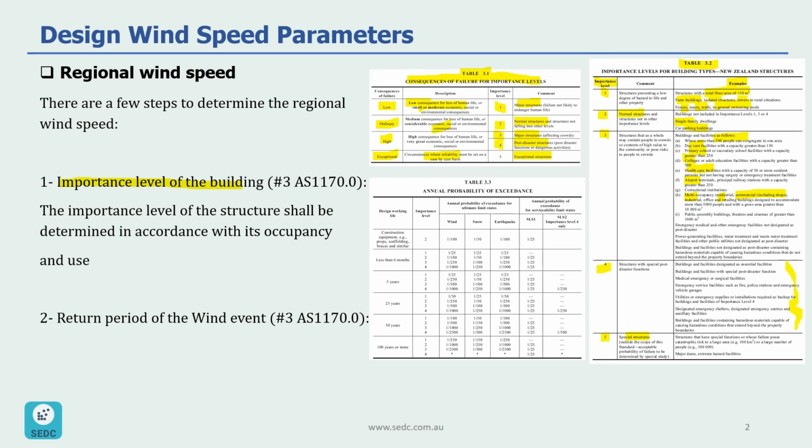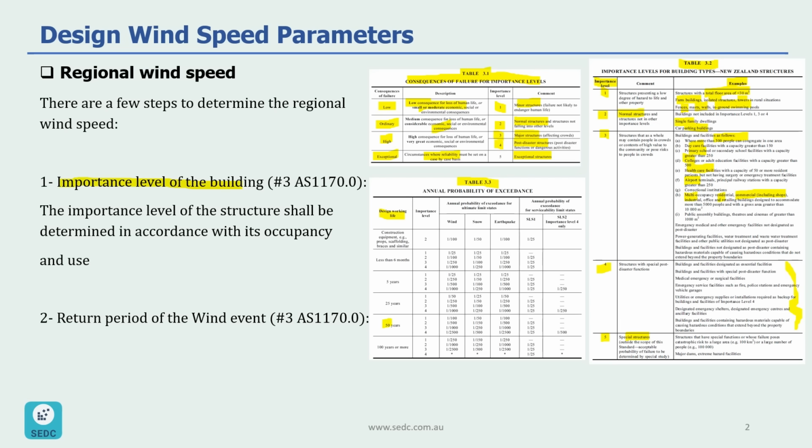So now that we know our importance level, as mentioned, it was importance level 3, we can look at table 3.3 to determine our return period for wind. First of all, we need to know our design working life.